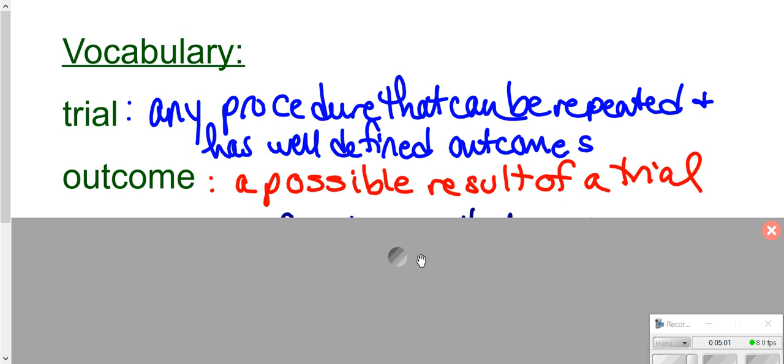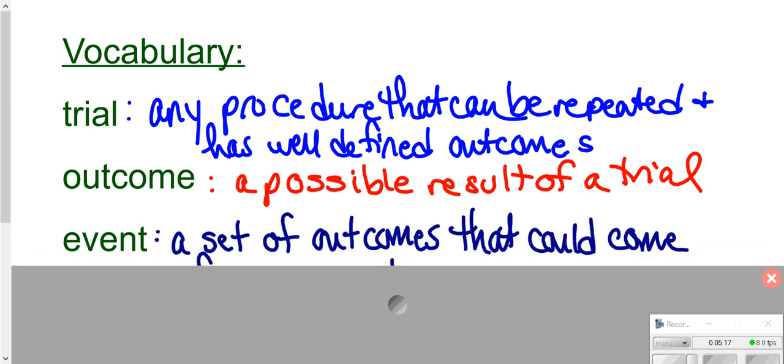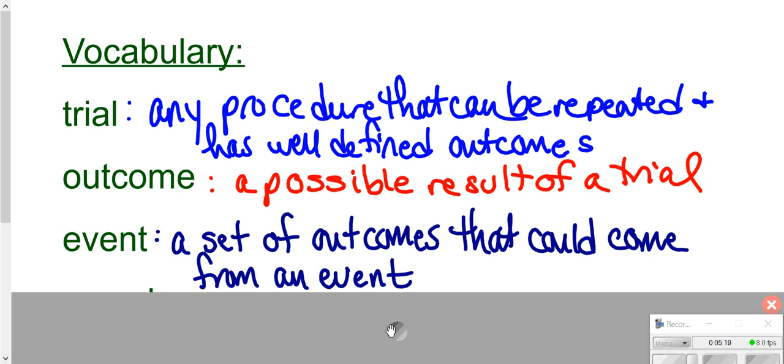An outcome is a possible result of that trial. So if I'm flipping a coin, the outcomes would be either heads or tails. Every time I repeat a certain action, I'm going to get a certain outcome from that trial. An event is a set of outcomes that could come from, oh, I wrote event there. I really meant trial.